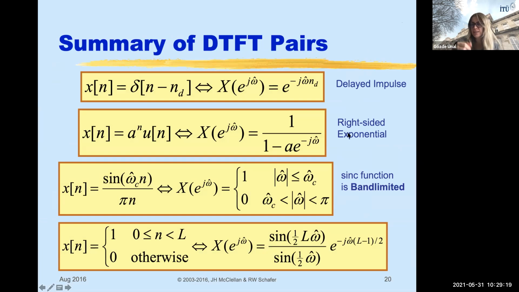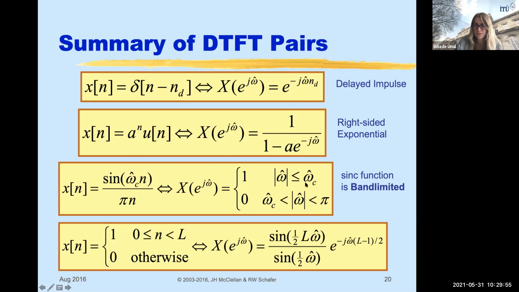After this, we can give a 10-minute break, I think, because we've studied a lot of material. You see a delayed impulse sequence in the time domain is a complex exponential with the corresponding phase shift in the Fourier domain. A right-sided exponential is a rational function in the frequency domain. A sinc is a band limited, low pass filter like spectrum in the Fourier domain, right?